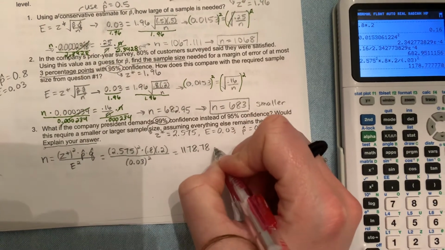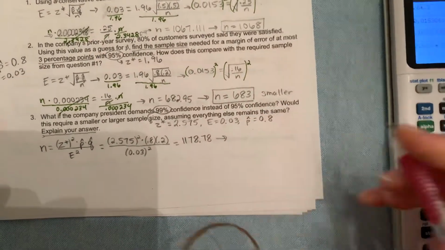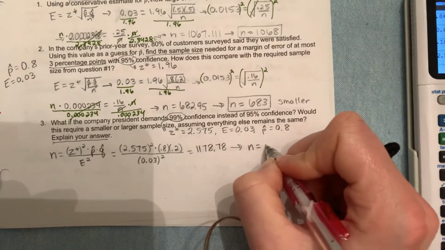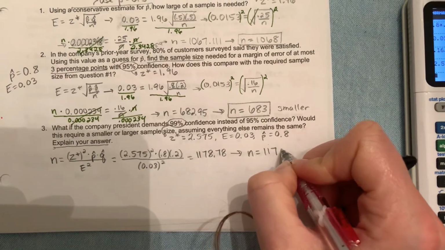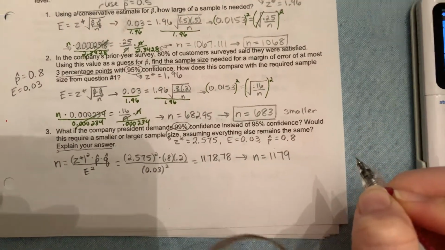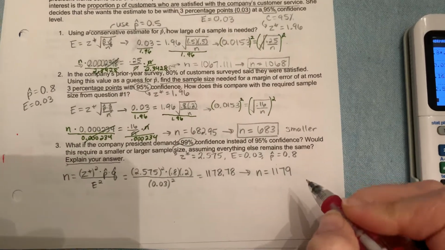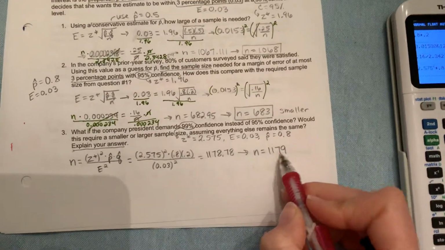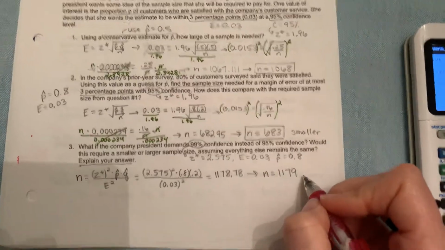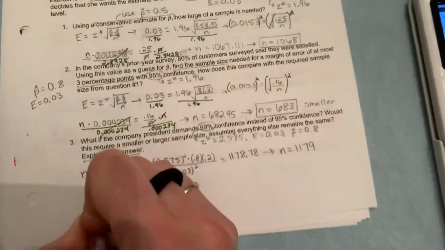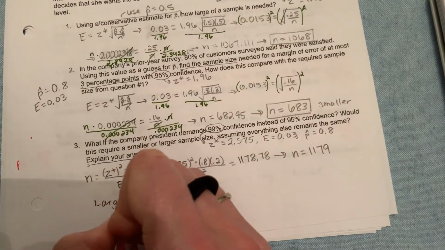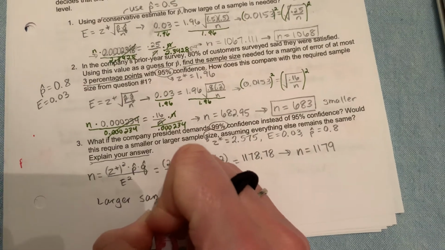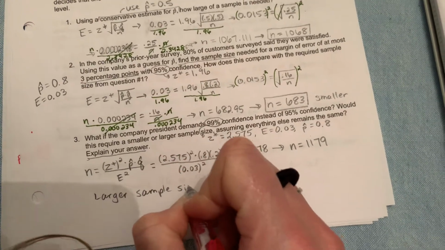Round up. Okay, so again, I want to round to a whole number, and I have to round up, so it's 1,179. All right, which of course, if I compare it to my previous sample size, is much bigger. So we had to have a larger sample size.